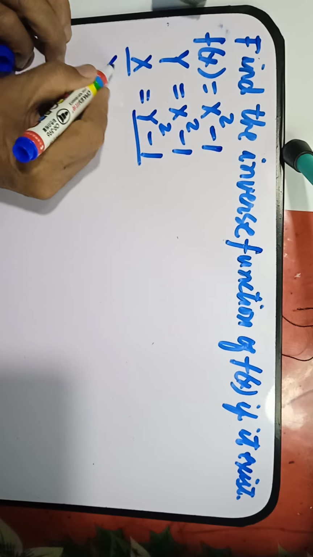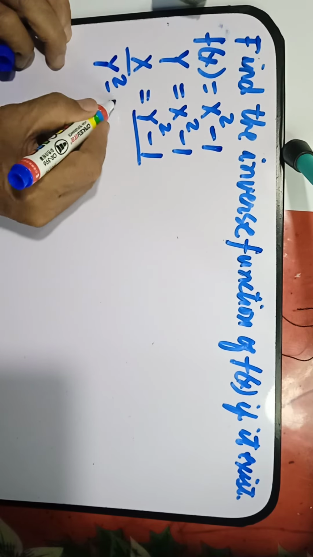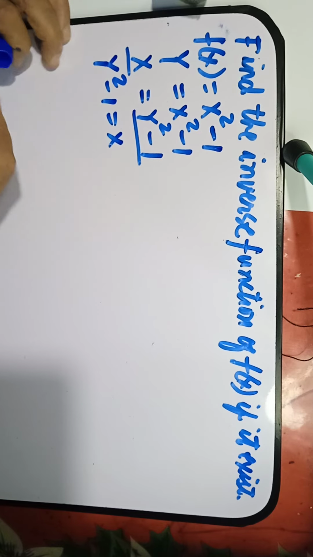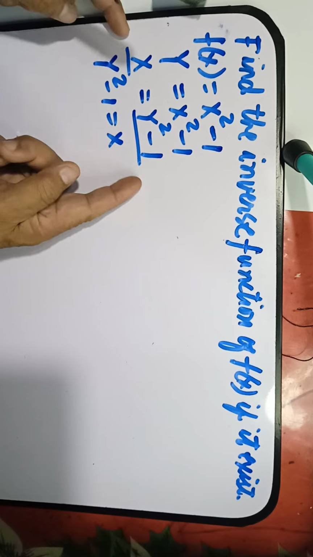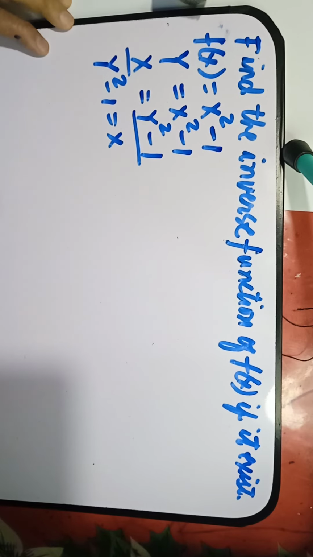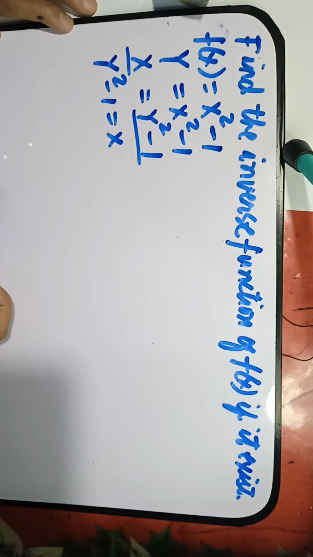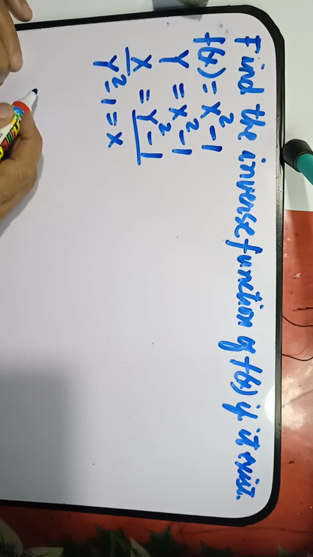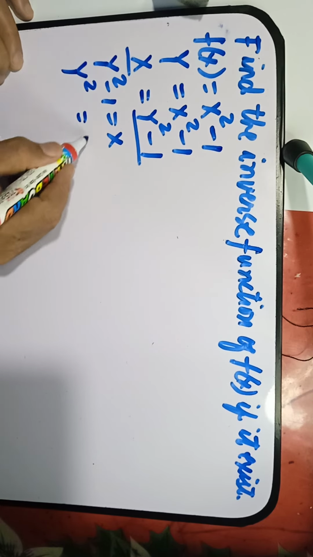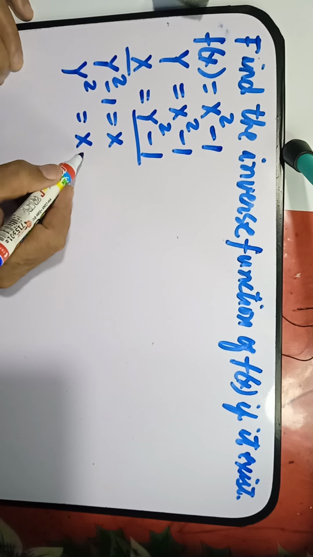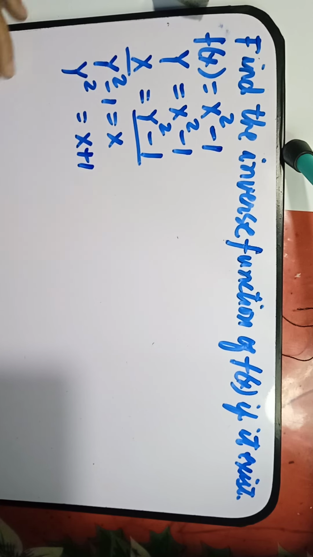So we have y squared minus 1 equals x. We will not change the sign because we are just interchanging the places of the terms. So that is what we call commutative property. So we will solve for y. So y squared is equal to x plus 1.